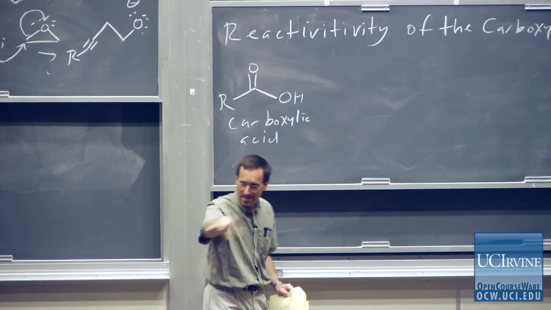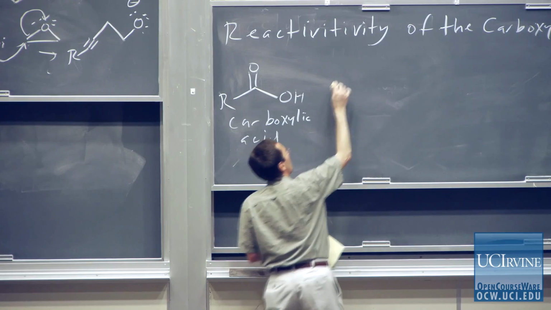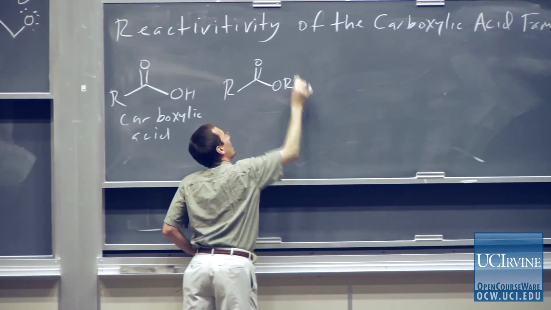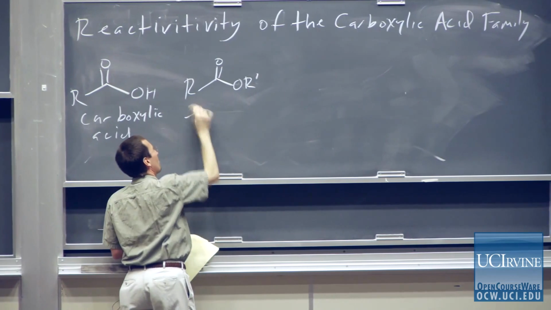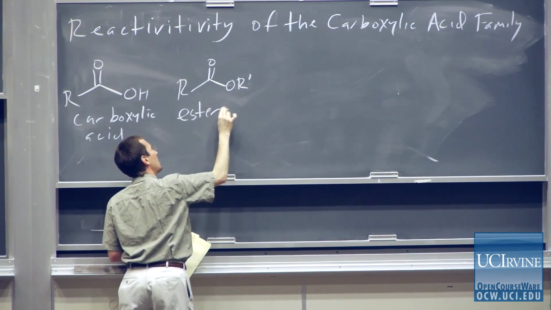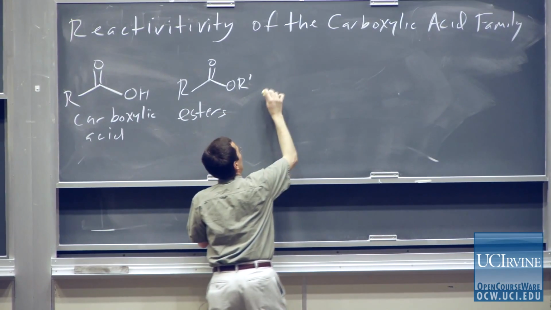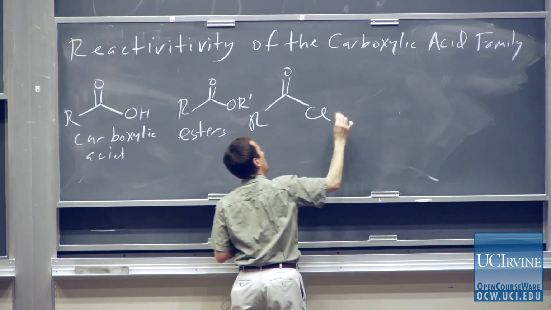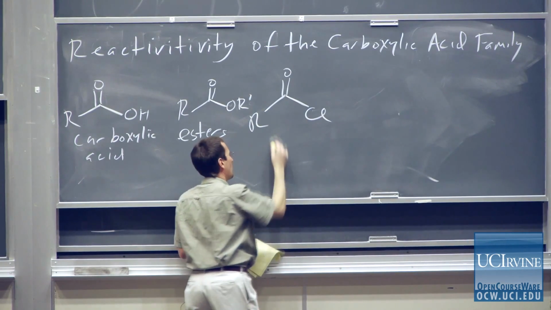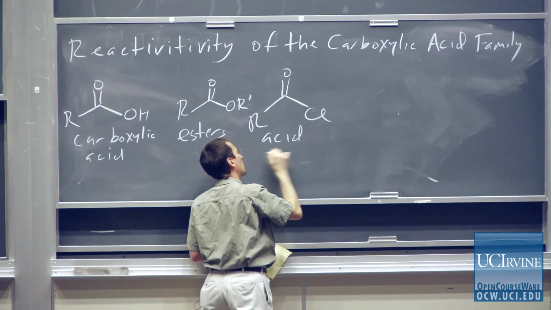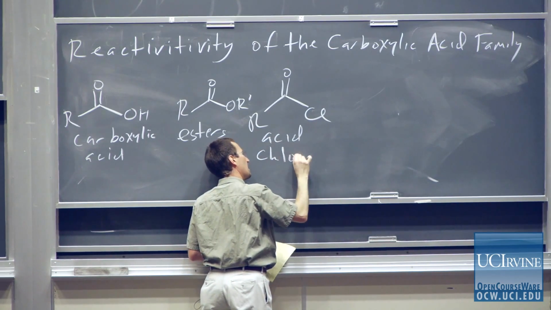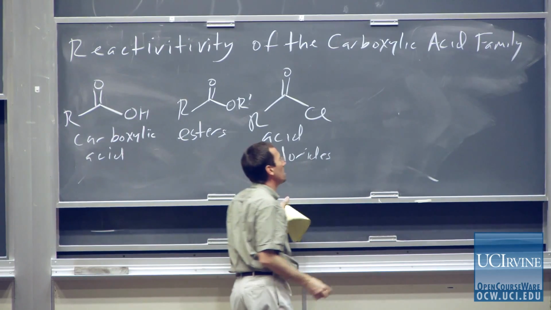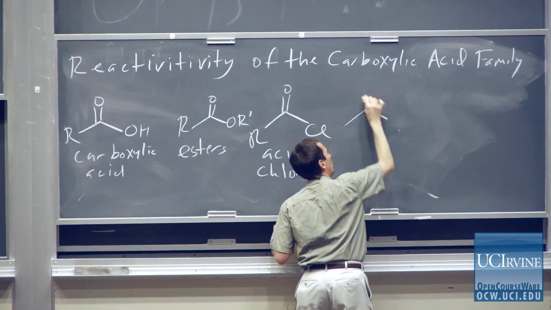I will get to the several questions in just a moment. Esters are another member of this family. Acid chlorides. So I'm going to paint with a very broad brush, and later on we're going to get to a more specific understanding of the reactivity of this broad family. But right now I'm going to paint with a very broad brush.